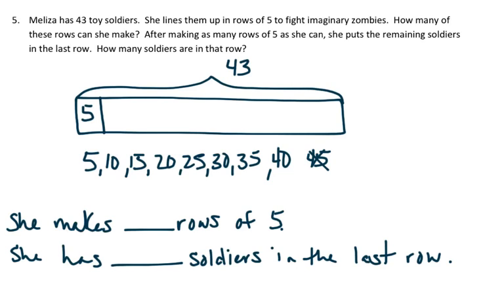So I'm going to do this, 5, 10, 15, 20, 25, 30, 35, 40, and then my remainder, the difference between 40 and 43, is 3. So this right here is the remainder.